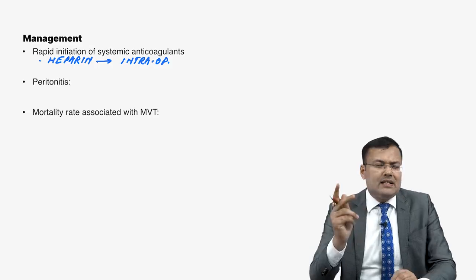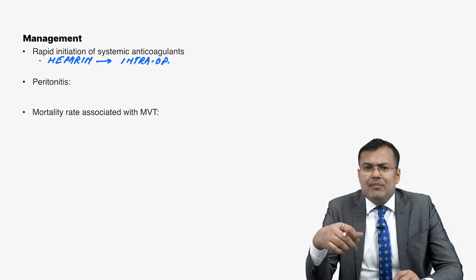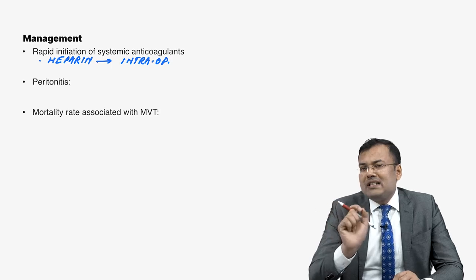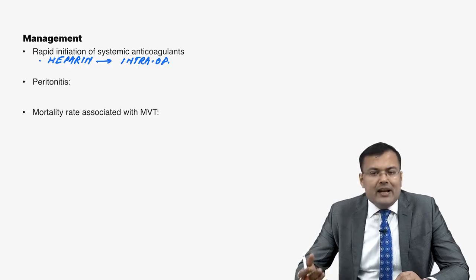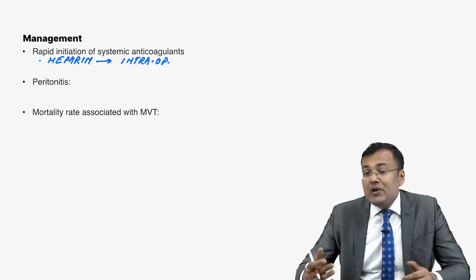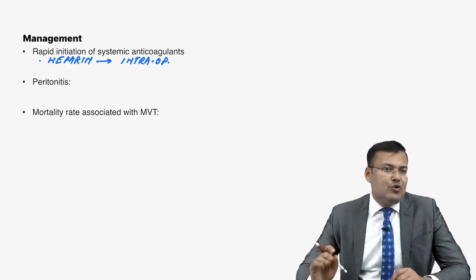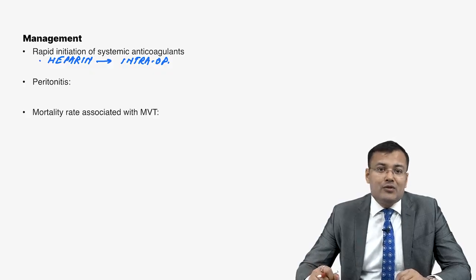Now see here, we discussed that in Virchow's triad, 3 components are there: endothelial injury, stasis and hypercoagulable state. In mesenteric venous thrombosis, the most important component is the hypercoagulable state. Most patients have an inherited or acquired hypercoagulable state, and that's why you have to continue anticoagulants even in the postoperative period. If you don't continue, you can't believe how much the risk of recurrence is: 35 to 70%.